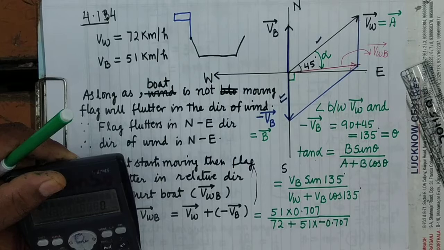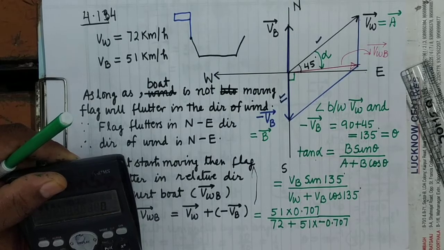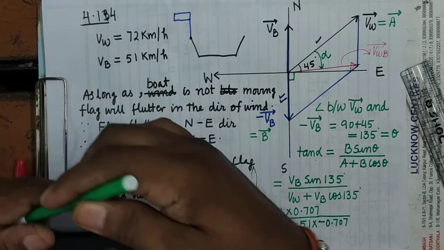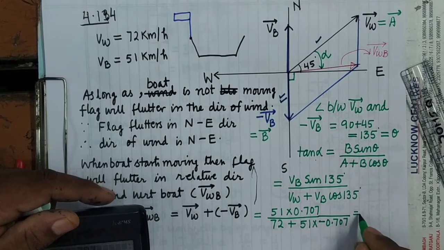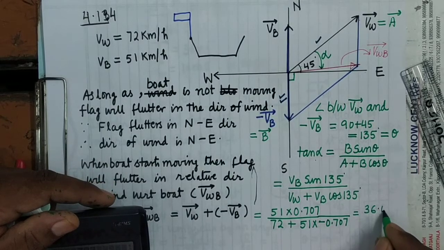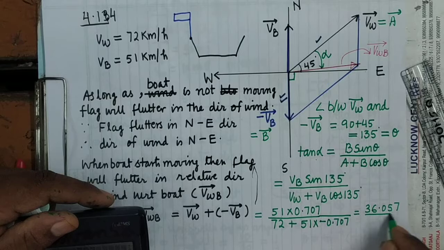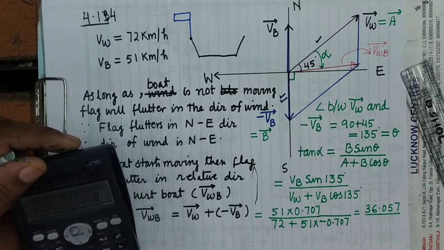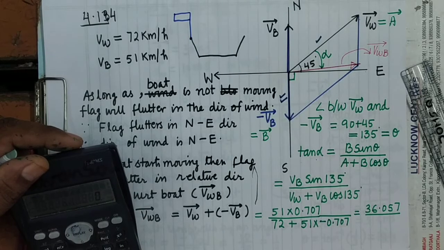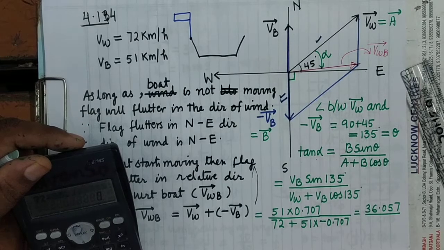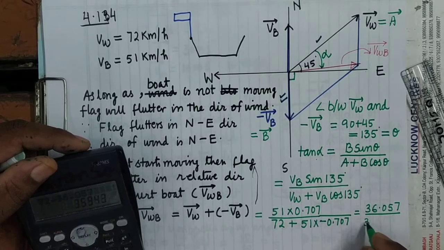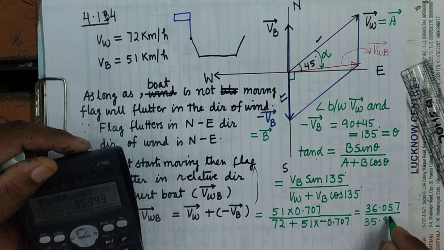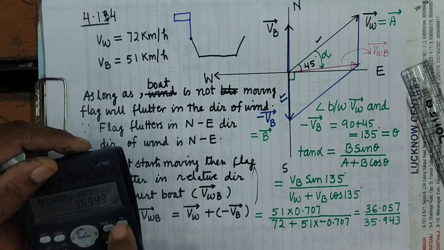So when you will simplify, I am simplifying here: 51 into 0.707 is 36.057, upon 72 minus 36.057, which is 35.943.